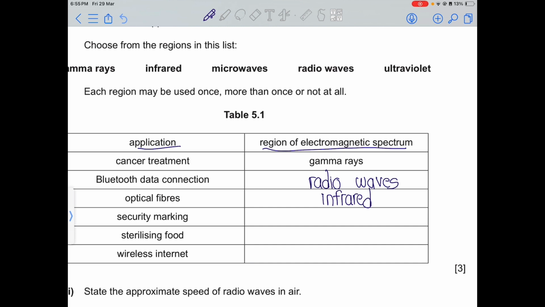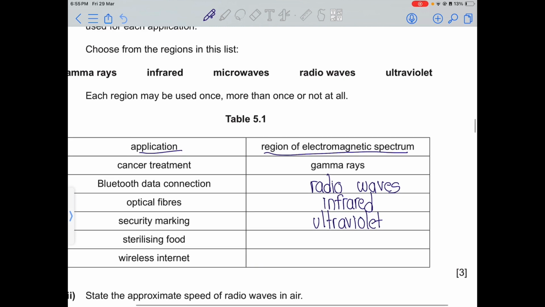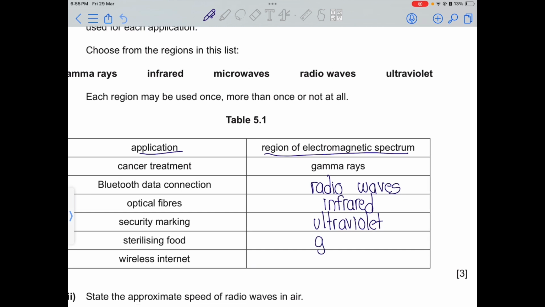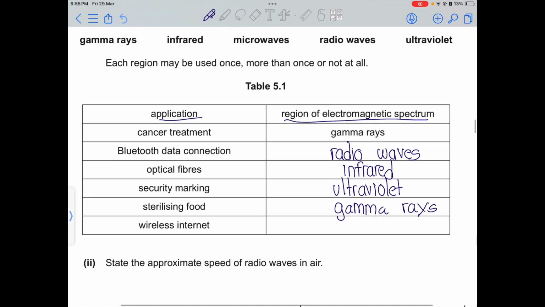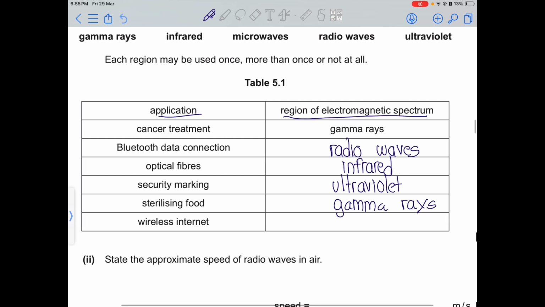Then security marking, you use ultraviolet. Why do you use this? Because it glows in fluorescent lighting. Sterilizing food, gamma rays. Now, why is this? Because gamma rays have extremely low wavelengths and very high frequencies, which allows them to kill bacteria, and they also have a high penetration power, which means that you can sterilize all of the food without having to remove the packaging.